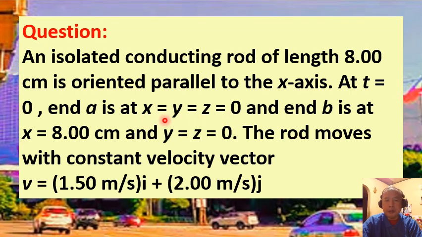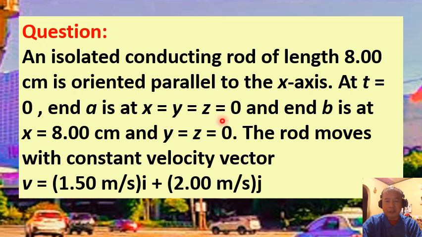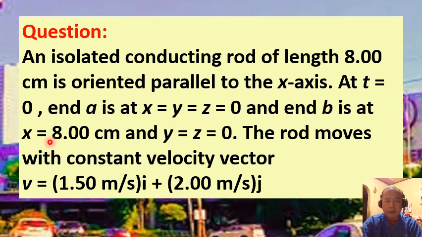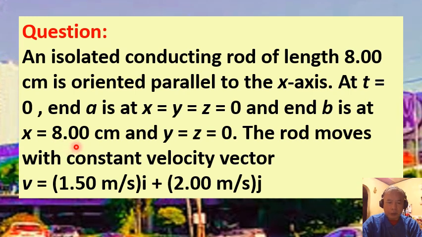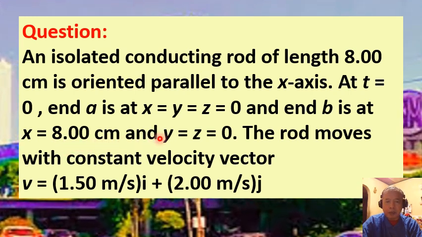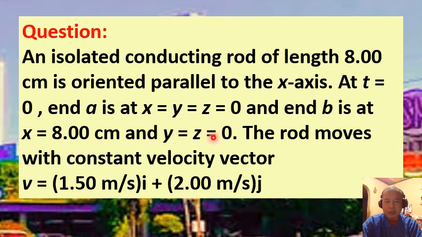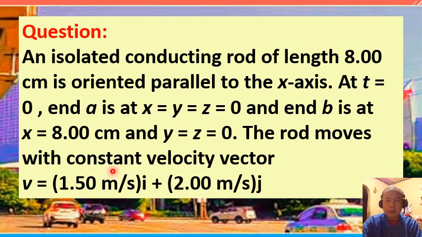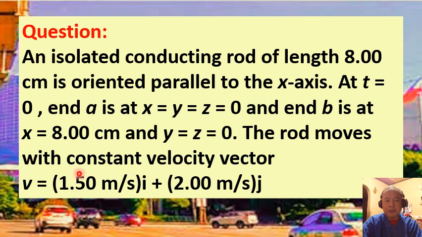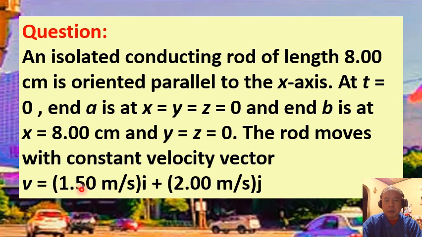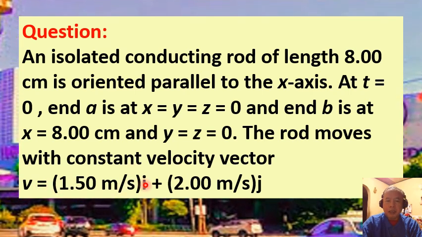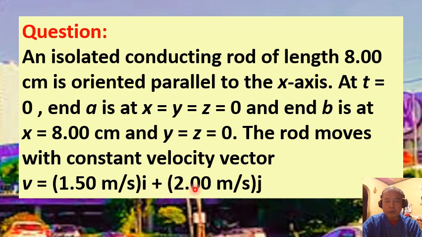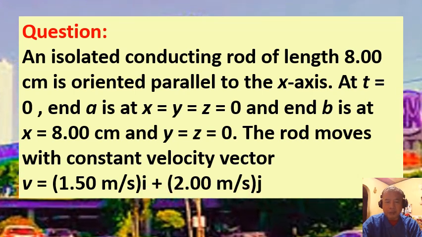In other words, A is at the origin, and B is at x equals 8.00 centimeters, y equals z equals 0. The rod moves with constant velocity vector v equal to (1.50 meters per second) i plus (2.00 meters per second) j.